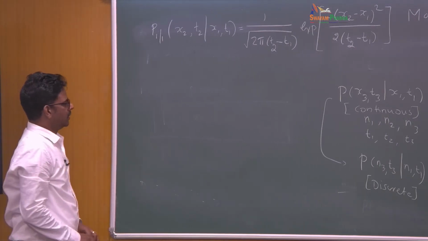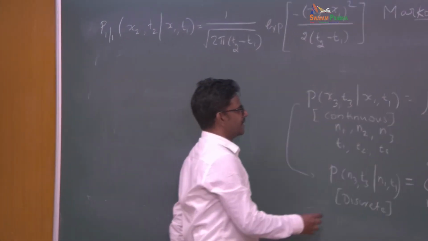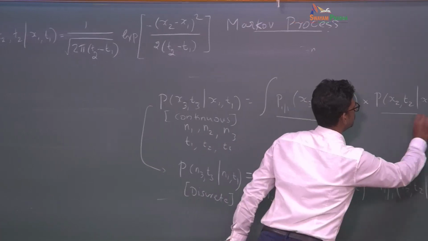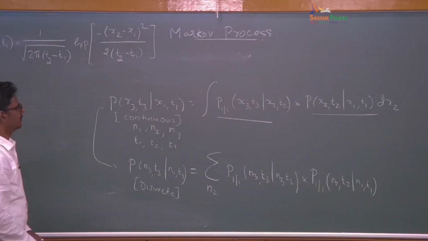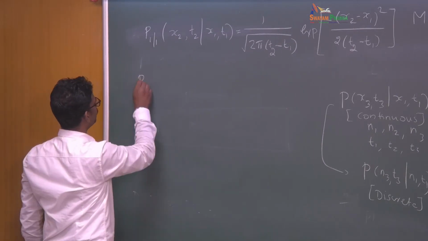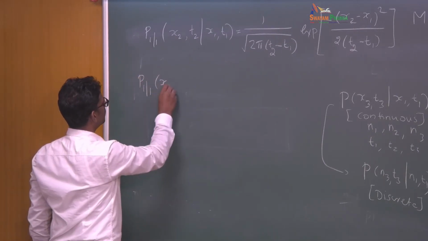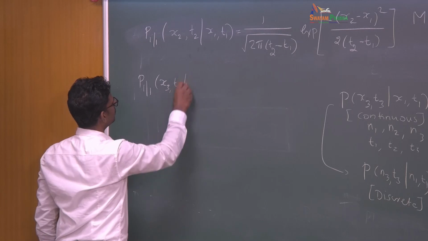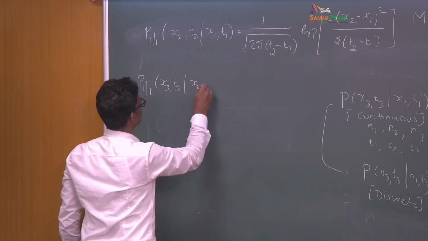First, we will write these two functions. This x2, x1, t1, t2 is already given. So now we will write p of x3 t3 given x2 t2.